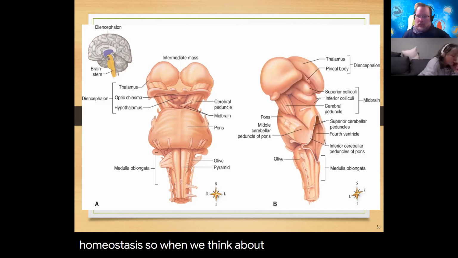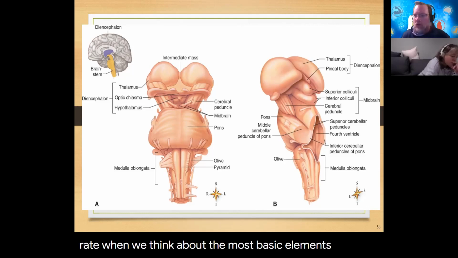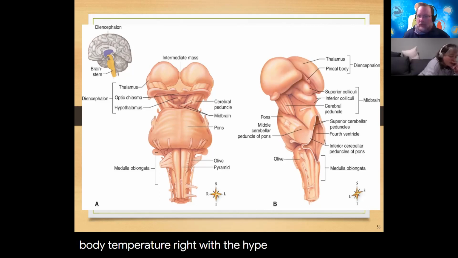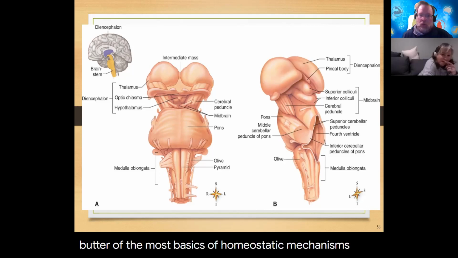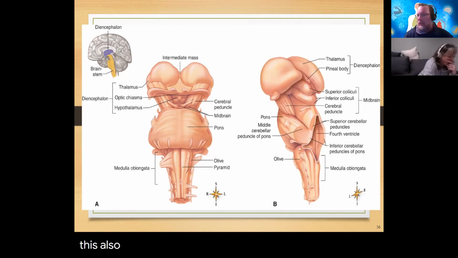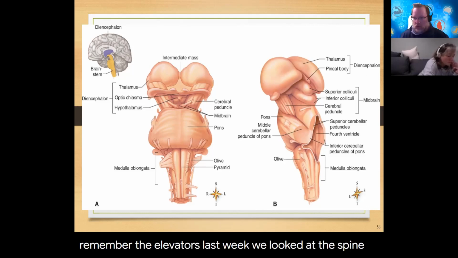So when we think about blood pressure, respiratory rate, heart rate, the most basic elements, internal body temperature, right, with the hypothalamus, the thalamus, what you're looking at on this slide is really the bread and butter of the most basic homeostatic mechanisms. So this also happens to be kind of our relay station. Remember the elevators last week, we looked at the spinal tracts.